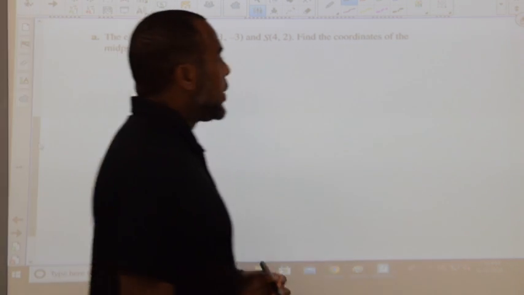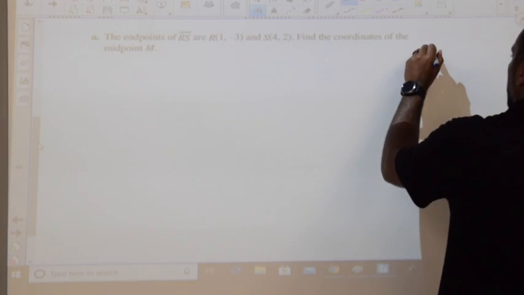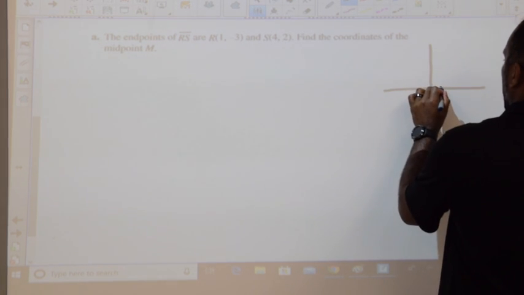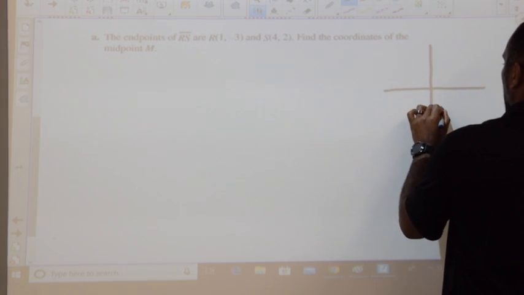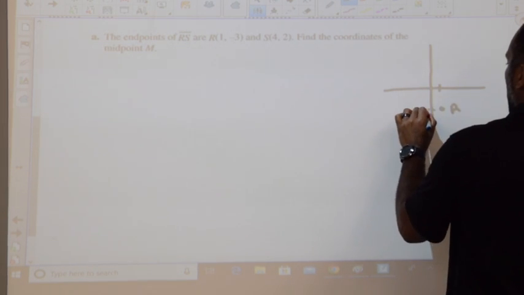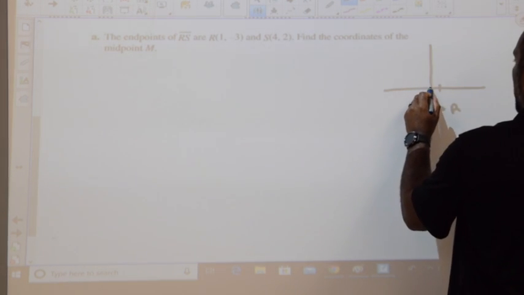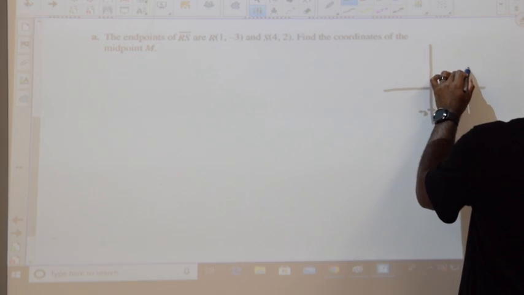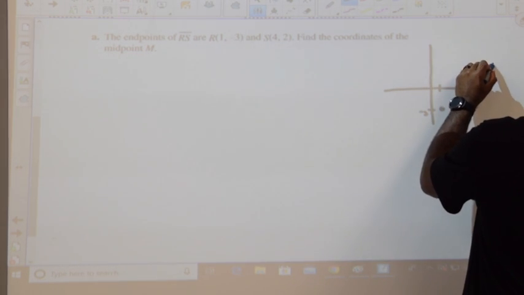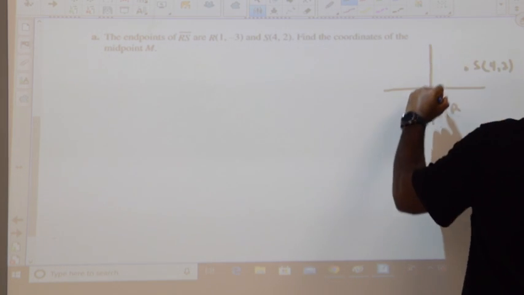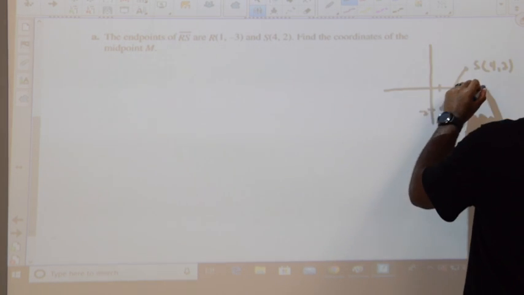And I'll go ahead and try that out on the side, just so we can see what it looks like just a little bit. At 1, -3. And 4. Maybe something that looks like this.